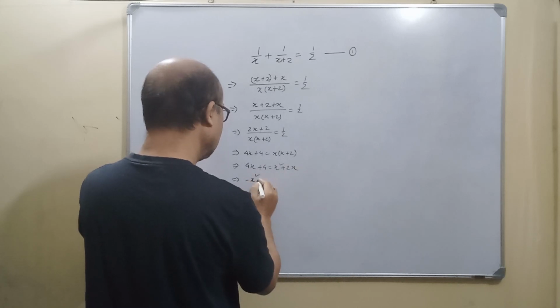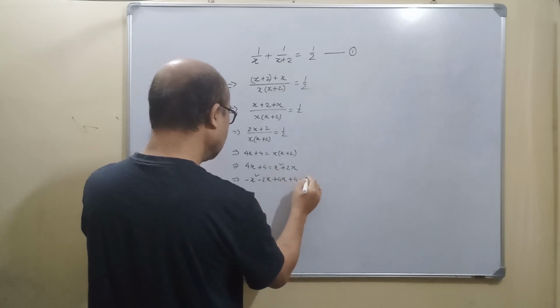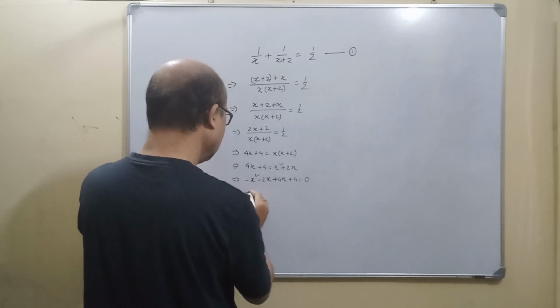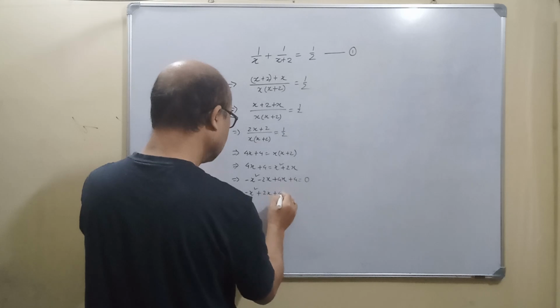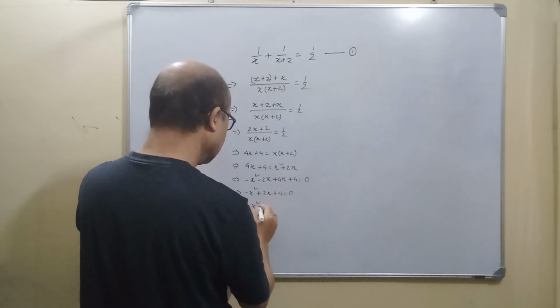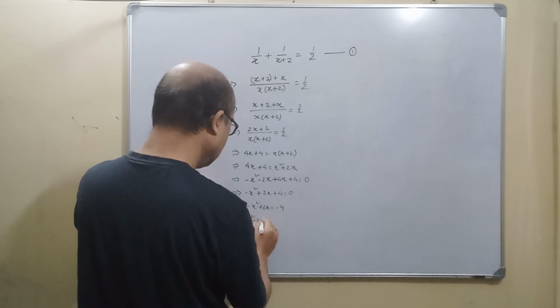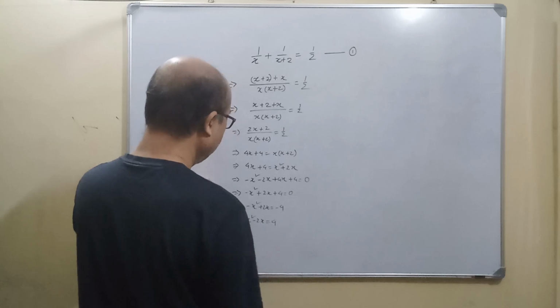Minus x square minus 2x plus 4x plus 4 is equal to 0. Minus x square plus 2x plus 4 is equal to 0. Minus x square plus 2x is equal to minus 4, or x square minus 2x is equal to 4.